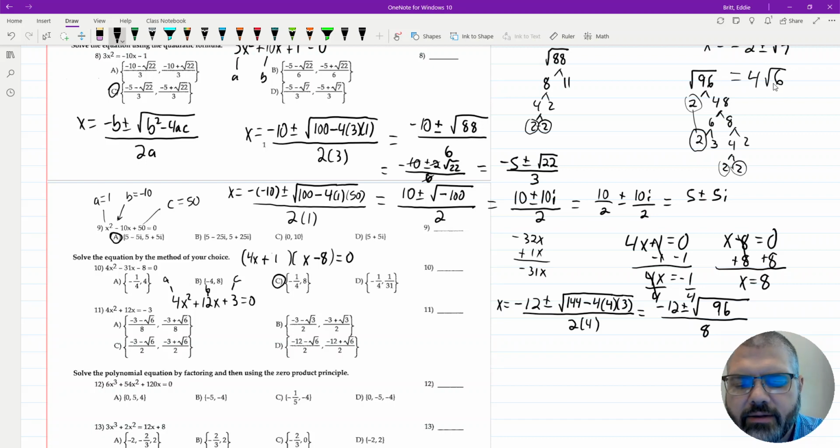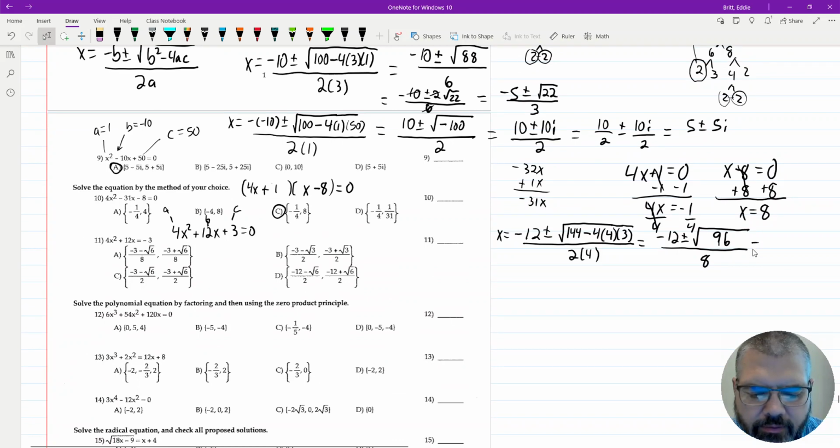So the square root of 96 is the same as 4 square roots of 6. All right. So this is going to be negative 12 plus or minus 4 square roots of 6 all over 8.